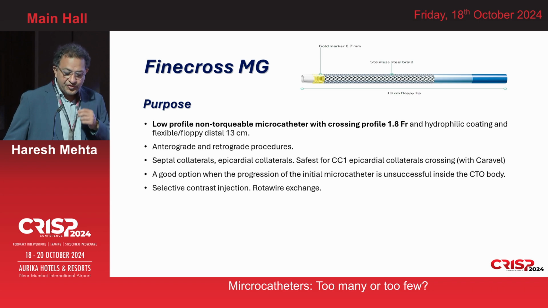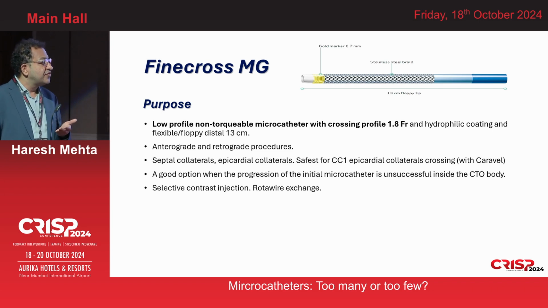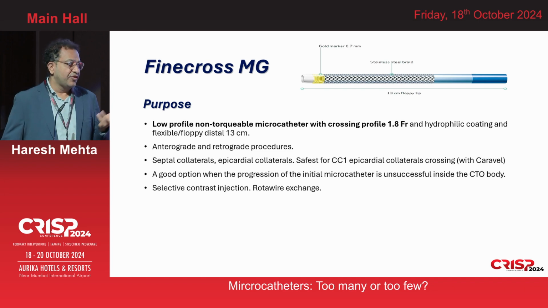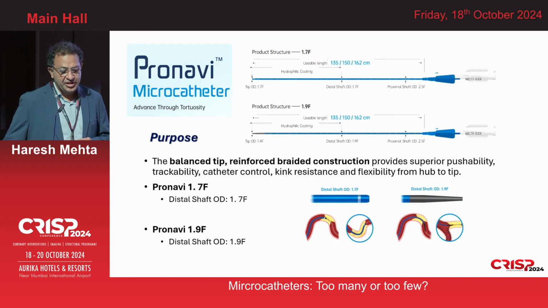Similarly, it's mainly used for retrograde. It's a low profile, non-torqueable microcatheter, but the crossing profile is 1.8 and it is very beautifully hydrophilic coated, and it's very good to exchange wires. So if you have managed to penetrate the distal cap and you want to exchange to a rota wire, this is one of the best catheters to take it down, and you can push the rota wire through it. Of course, Corsair also can be done for the same.